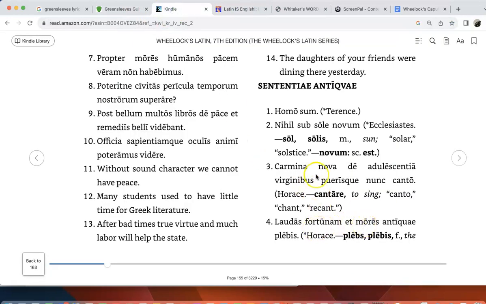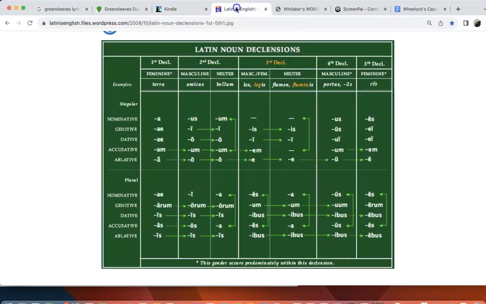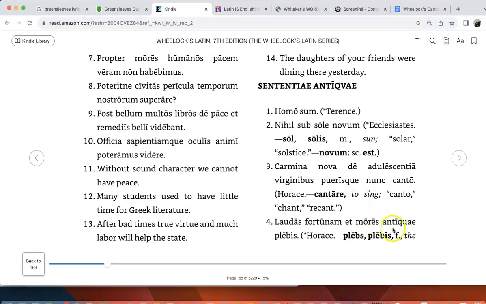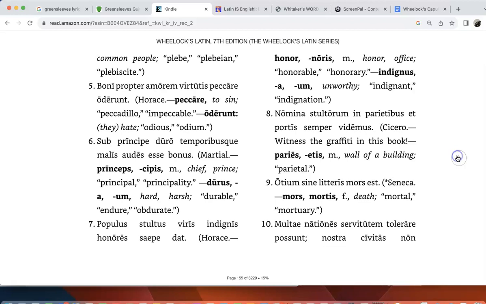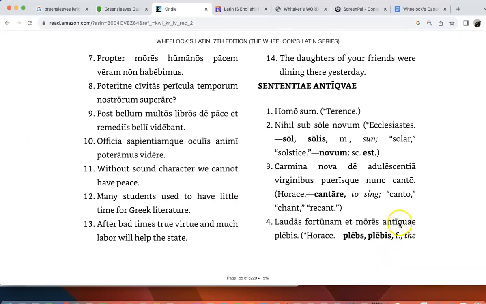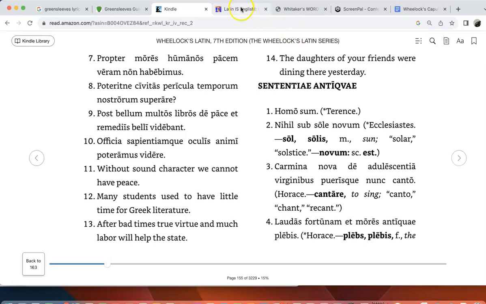So you praise, but then mores, what are mores? Like customs, but that is third declension accusative plural. So that is the direct object in the accusative. But then we have literally of the ancient, and then plebs, here they have of the ancient common people. So notice that both antiquae and plebis are genitives.